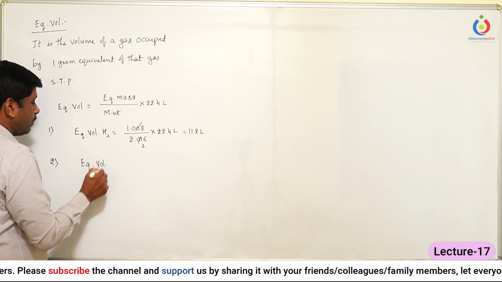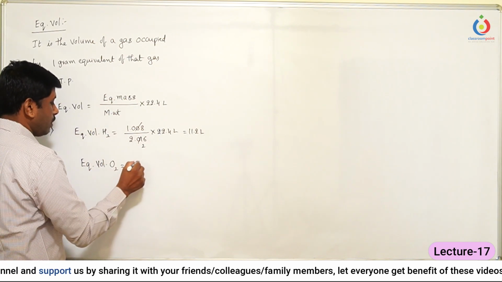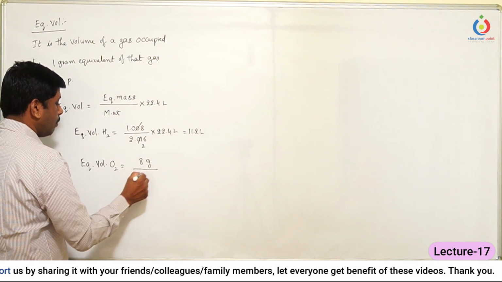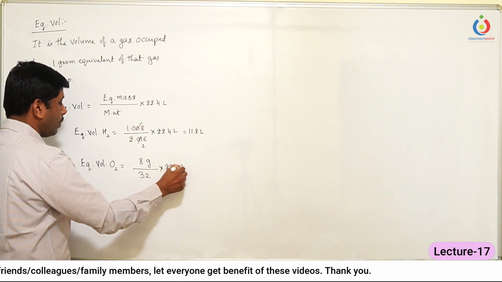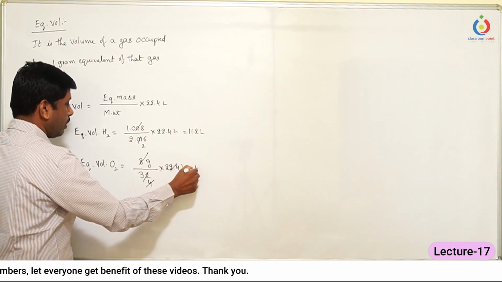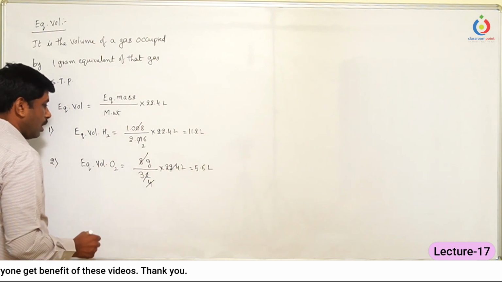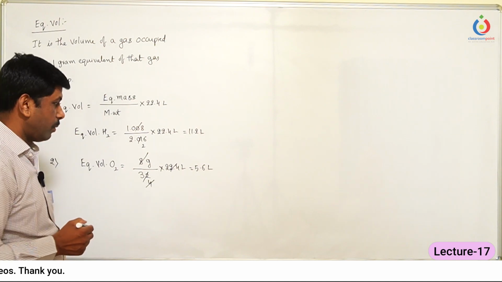Equivalent volume of oxygen: the equivalent mass of oxygen is 8 grams, molecular mass is 32, into 22.4 liters. It goes 4 times, so it goes 5.6 times, so the equivalent volume of oxygen is equal to 5.6 liters.